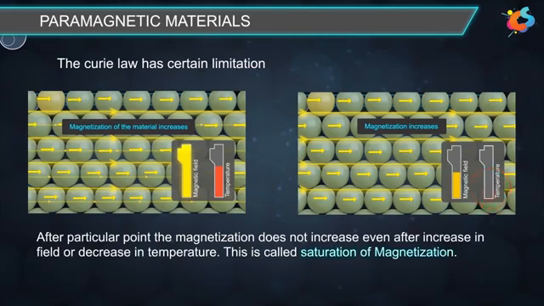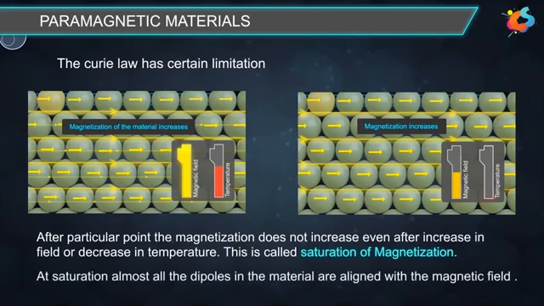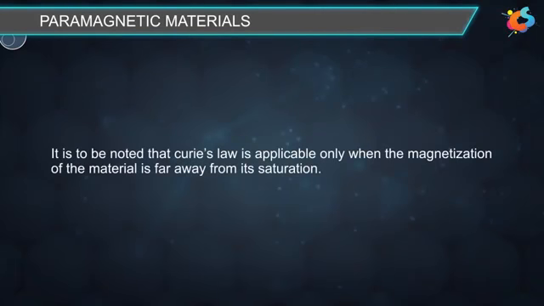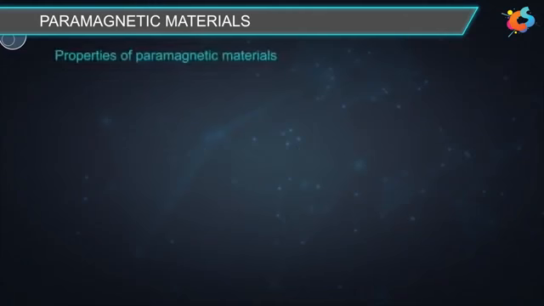This is called saturation of magnetization. At saturation, almost all the dipoles in the material are aligned with the magnetic field. It is to be noted that Curie's law is applicable only when the magnetization of the material is far away from its saturation.